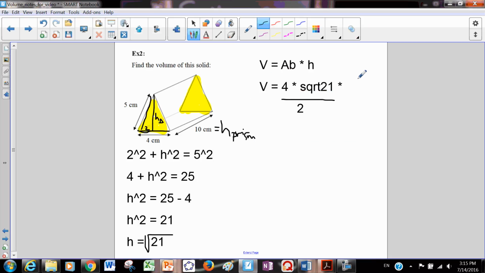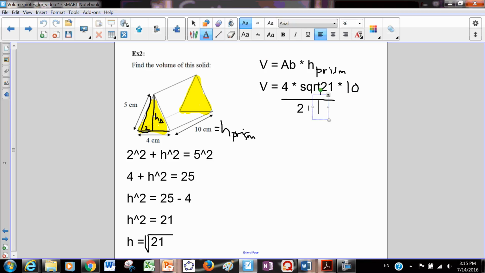And the height, remember, this is the height of the prism. The height of the prism is the distance between the two bases. So in this case, it's going to be 10. So I'm back in my formula. Volume is equal to 4 times square root of 21. Now you can use your calculator to figure it out.